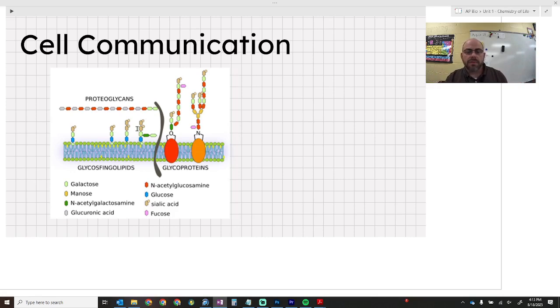It's sort of like putting a little flag over your head, because people do that all the time. It's a way of communicating, right? These little handholds are all over the cell. Cells can talk to each other using that, and these are just carbs mixed with other things. And so it's a very important portion of cellular communication.